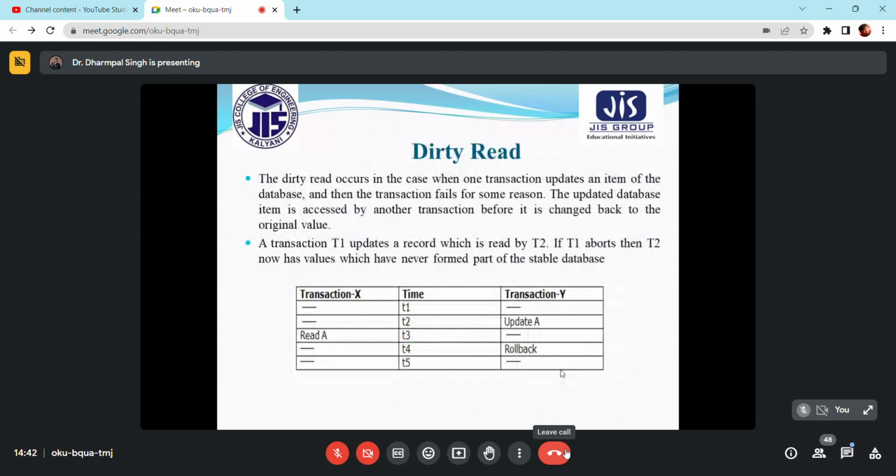Dirty read. Dirty read mainly deals with a different type of transaction. Dirty read occurs in the case when one transaction updates an item of the database and then the transaction fails for some reason.